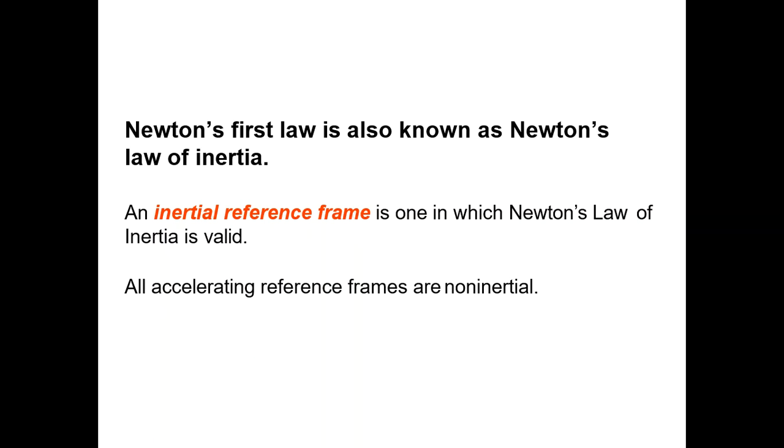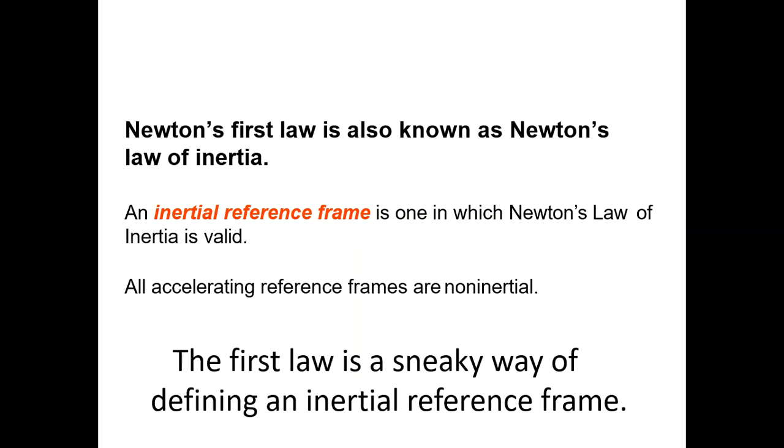You're going to try to continue on in a straight line, but your car is moving in a circle, and so it feels like you're being thrown out toward the side of the car. It just means that the car is not a valid inertial reference frame. It's a rotating or accelerating frame. The first law is a sneaky way of defining the inertial reference frame.